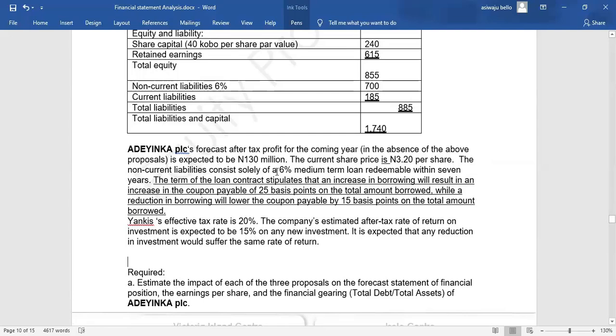Now look at it. Examiner says the term of the loan contract stipulates that any increase in borrowing will result in increase in the coupon payable of 25 basis points on the total amount borrowed. That means by increasing our debt, we have increased our borrowing. The interest rate payable will increase by 25 basis points.